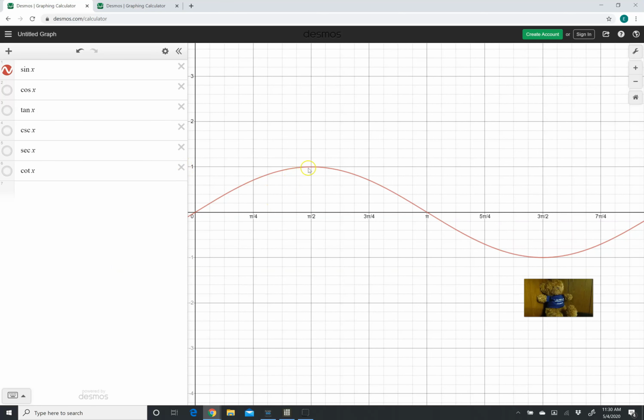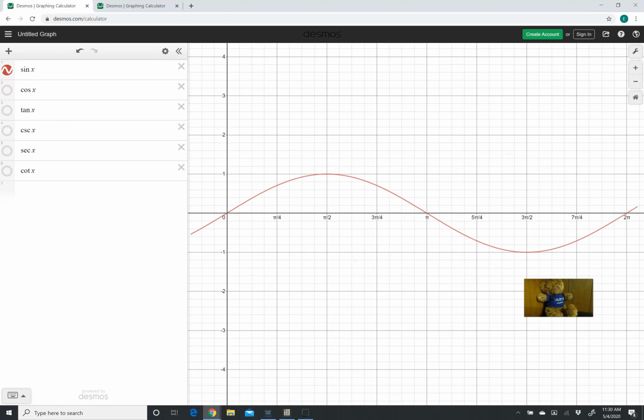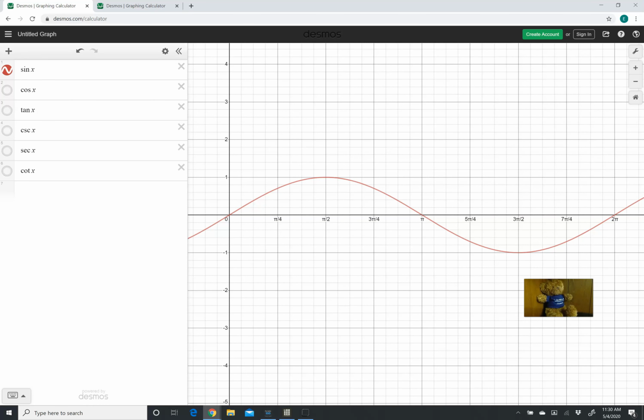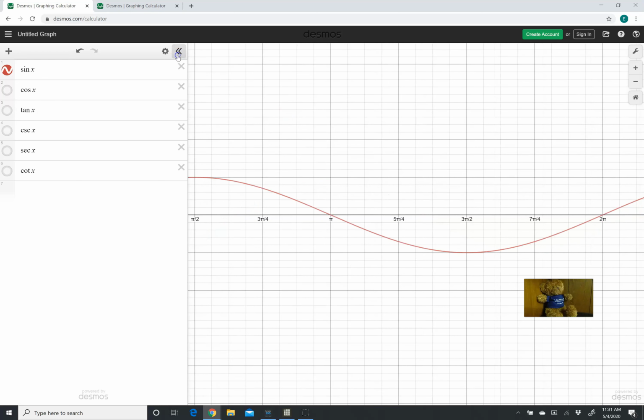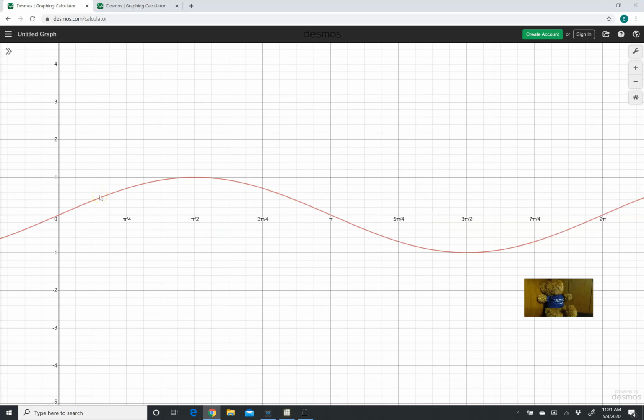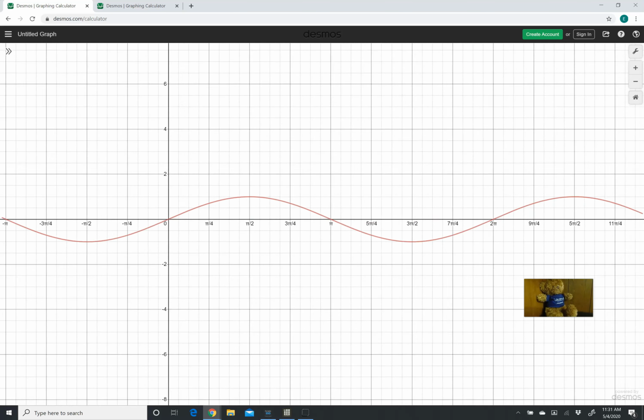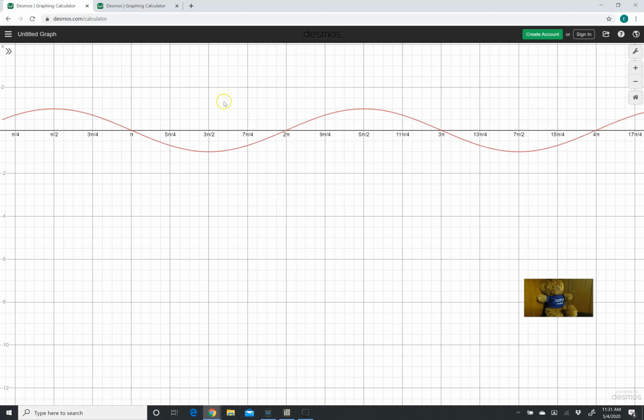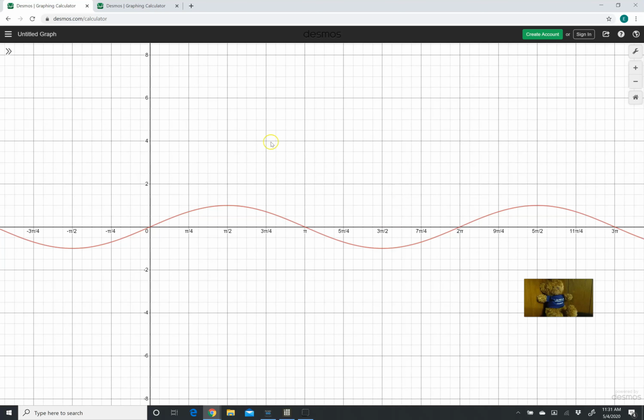So at pi over 2, it's 1. At pi, it's 0. At 3 pi over 2, it's -1. At 2 pi, it's 0. And you can see it keeps going and going in both directions. Okay, so this would be the sine.